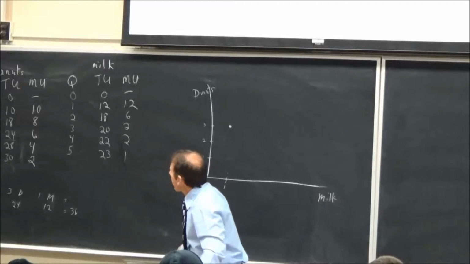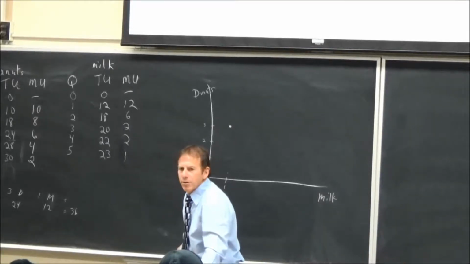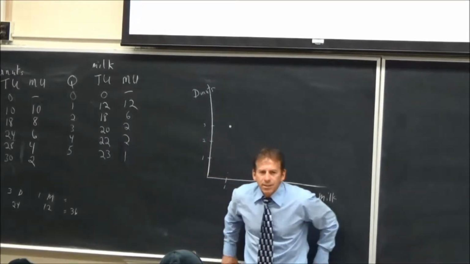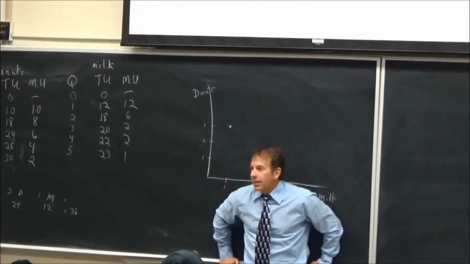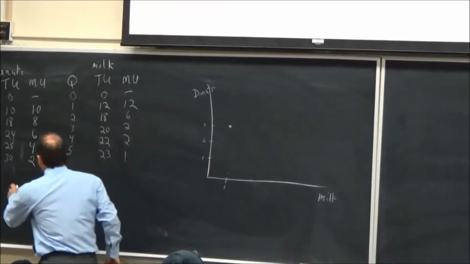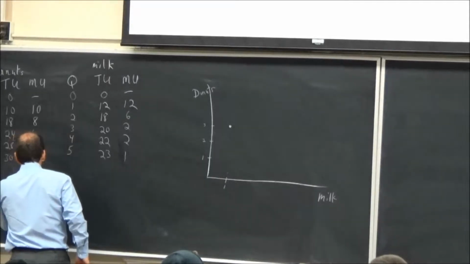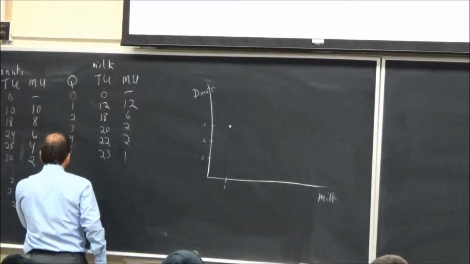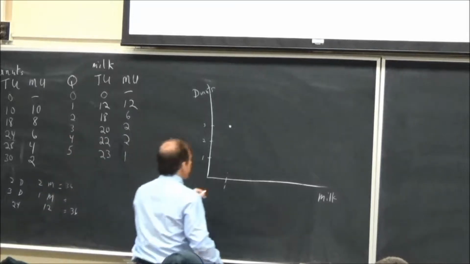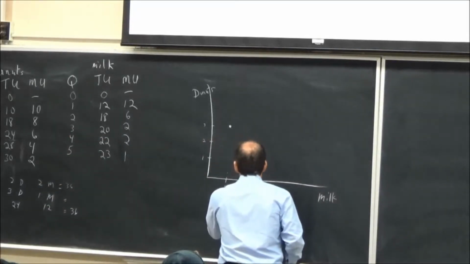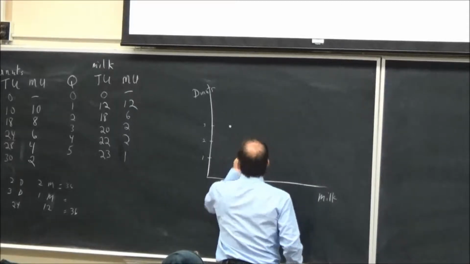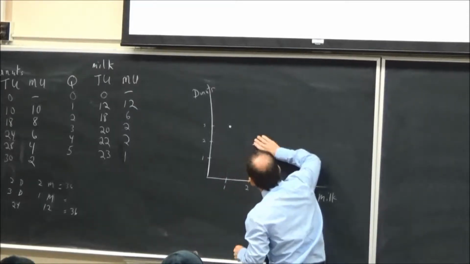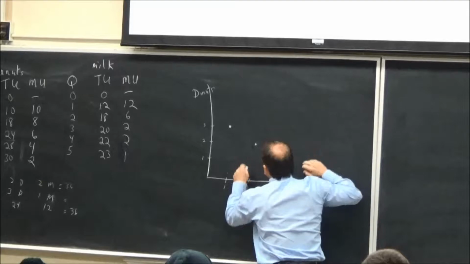Now, is there another combination that would give you 36 units of utility? 2 donuts and 2 milks. Awesome. So 2 donuts and 2 milks will also give us 36 units of utility. So let's go over here, and that would be my point. All I'm doing is plotting 2 and 2.